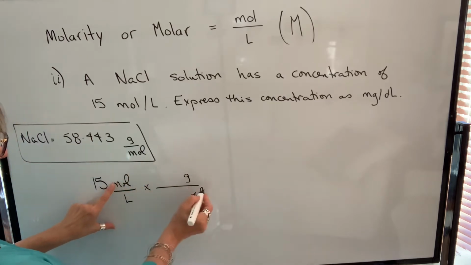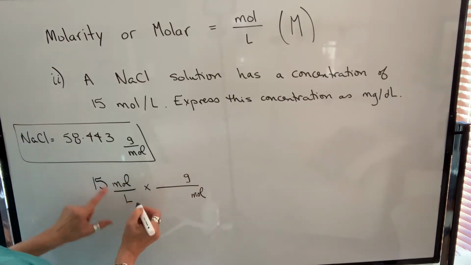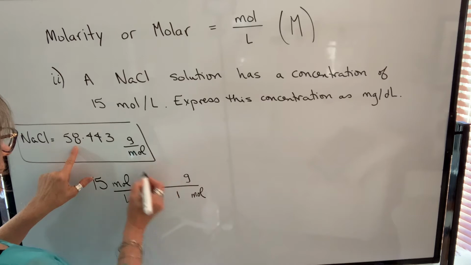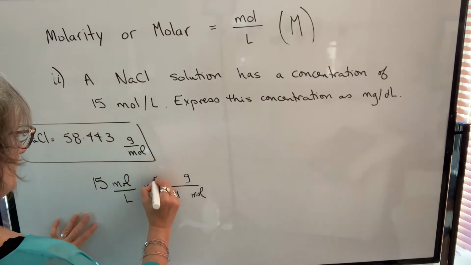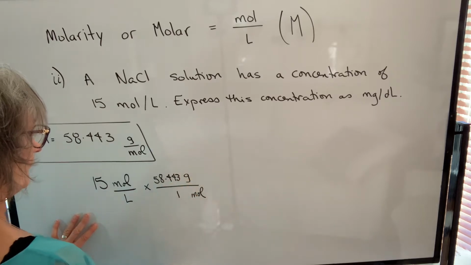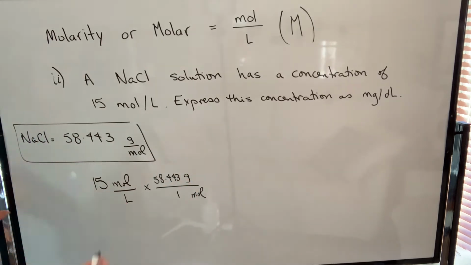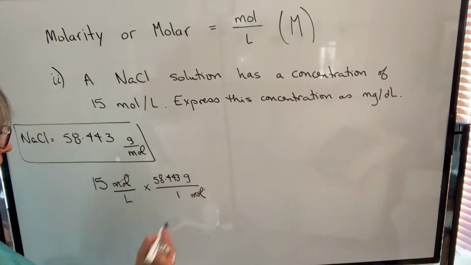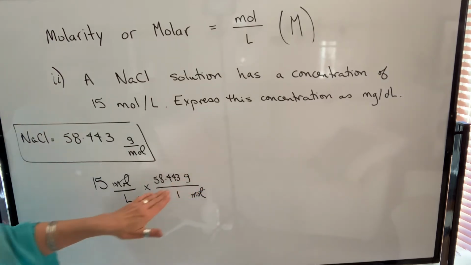So the moles will cancel and we'll be left with grams per liter. We know that 1 mole will have a mass of 58.443 grams. That will allow us to cancel moles, and we will have the concentration in grams per liter.